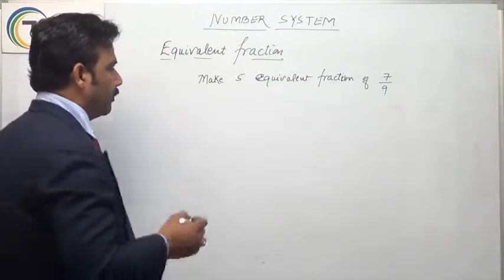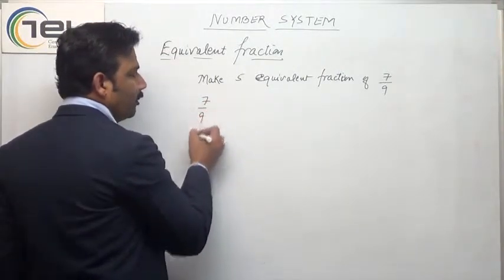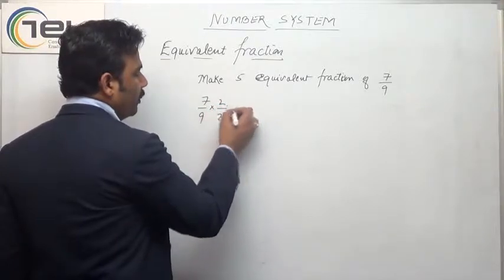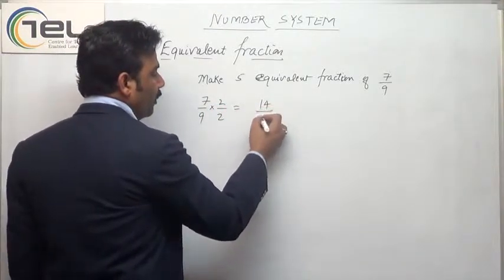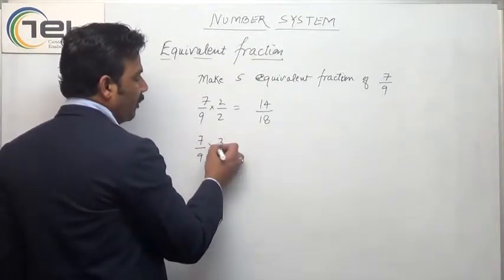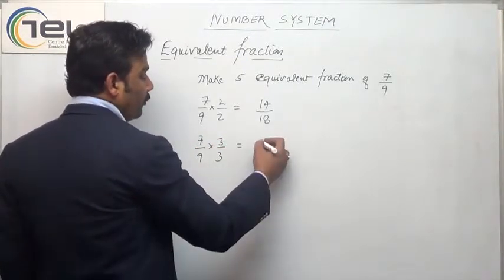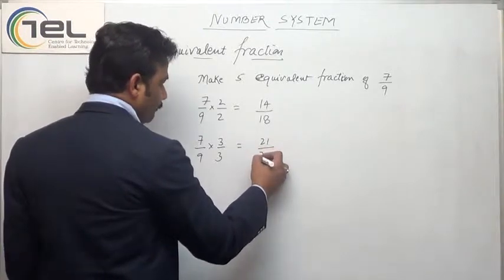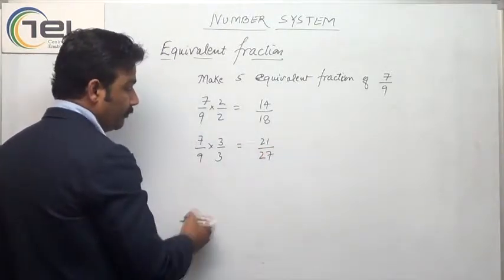So one is 7 by 9 multiplied on both numerator and denominator by 2, it is 14 by 18. Another one, 7 by 9 multiplied by 3 on both the sides, it will be 21 by 27.